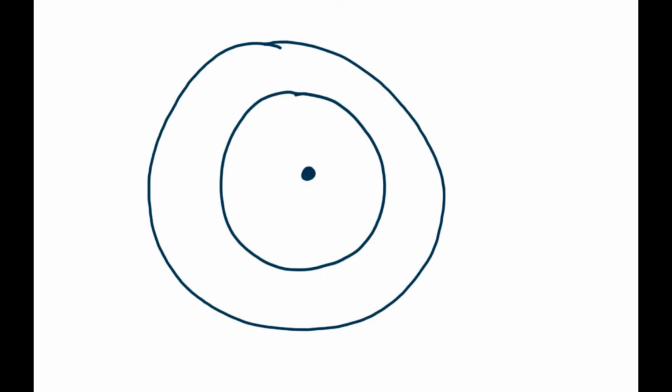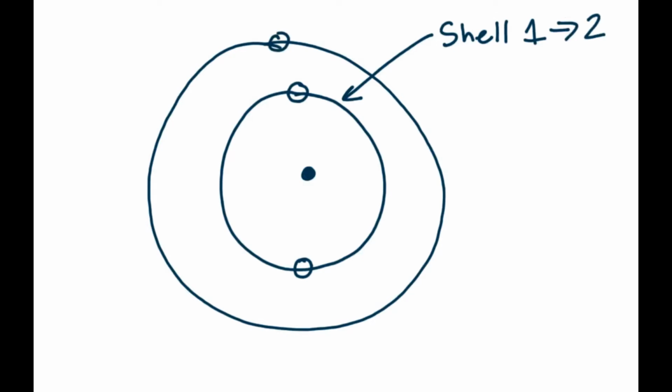Now, a little bit more about these shells. The protons and neutrons are always going to be in that nucleus, but the electrons are found in the shells, and it turns out that the shells have a certain number of electrons that can be found in each shell. So that first shell, this is called shell 1, it can hold 2 electrons. Shell 2 can hold 8 electrons.